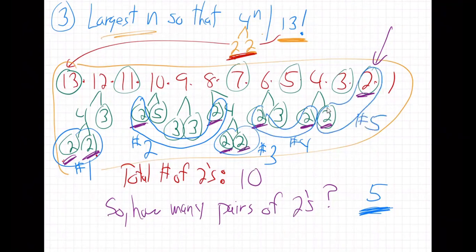So there's 5 4s that can go into all that stuff because there's 10 2s, and that makes 5 4s. So the answer to the question is 5. The largest power that you can put on the 4 there is the 5th power. That's the biggest number of 4s that will go into all that stuff.